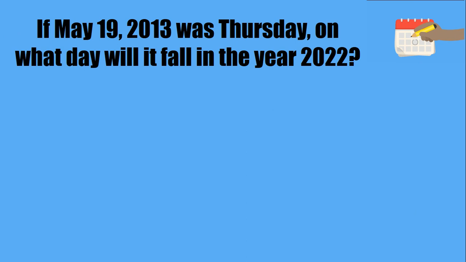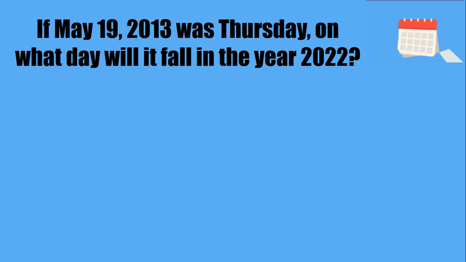The extension of the concept of the day using modular arithmetic is determining the specific day given a particular date in a year. For you to visualize this application, let's have this one.